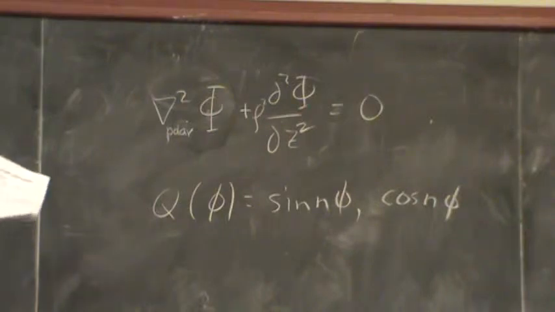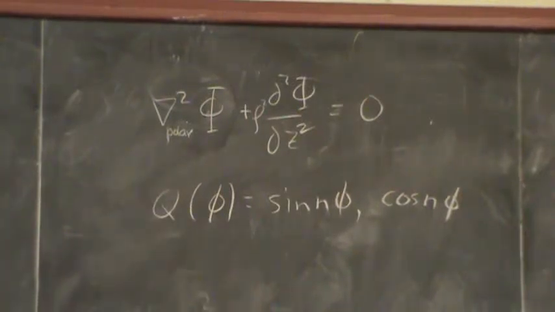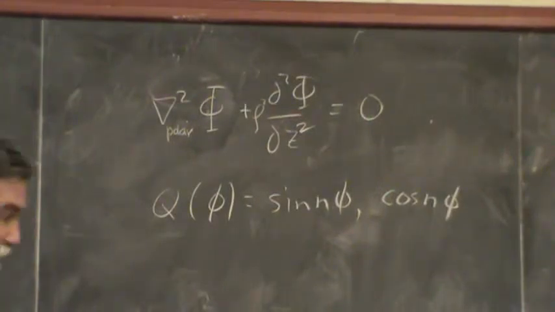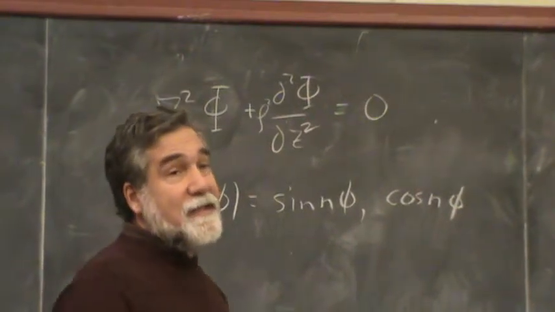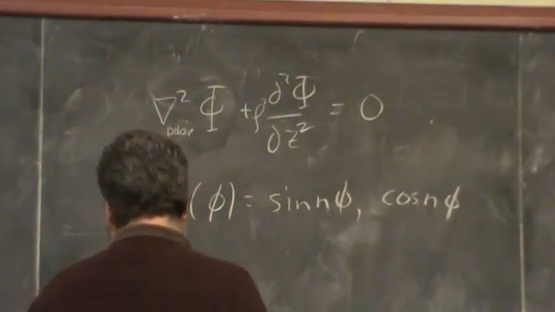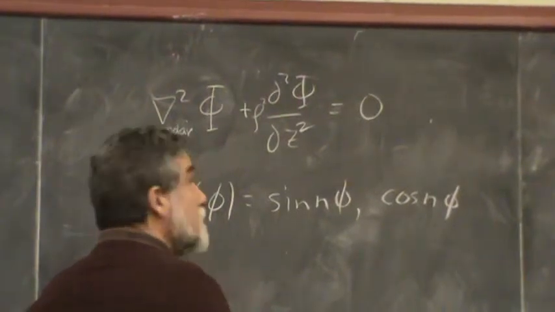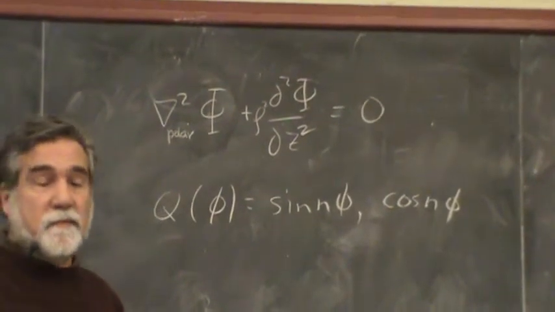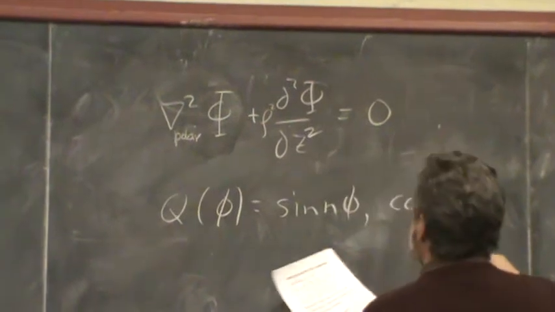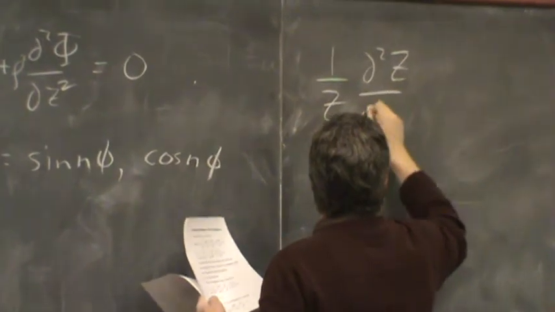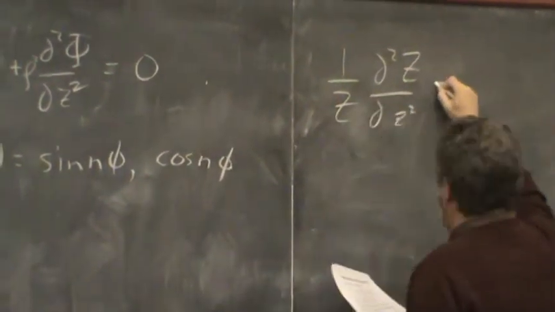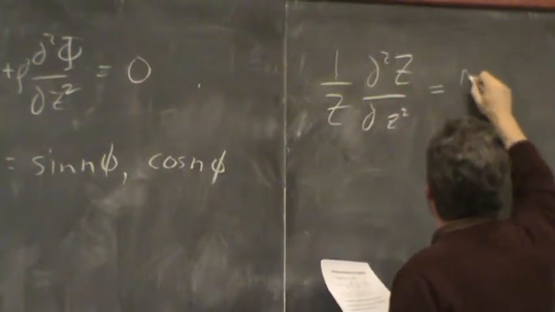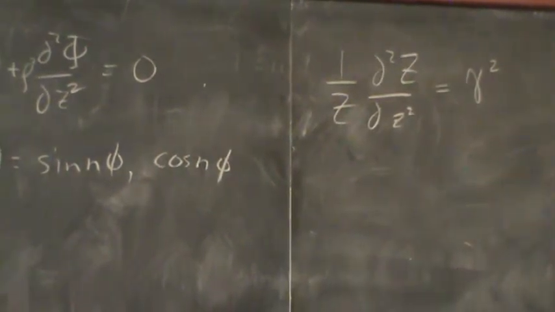Then, having separated out the phi solution, we have to separate out the z solution. It's not so easy anymore. And so separating out z is easy. And I think that I chose, in this case, to make the z functions sines and cosines as well, right? So I had for my z, 1 over Z, d squared Z by dz squared is equal to, in this case, I raise a constant squared.